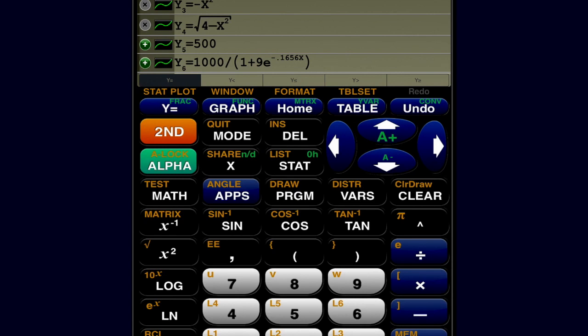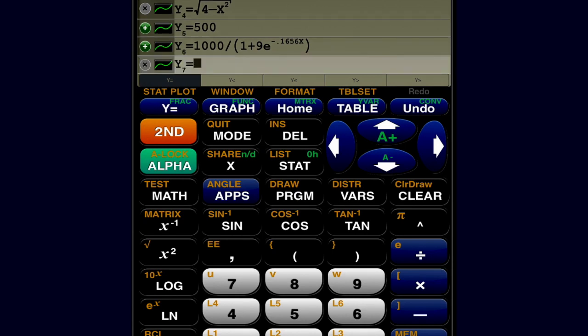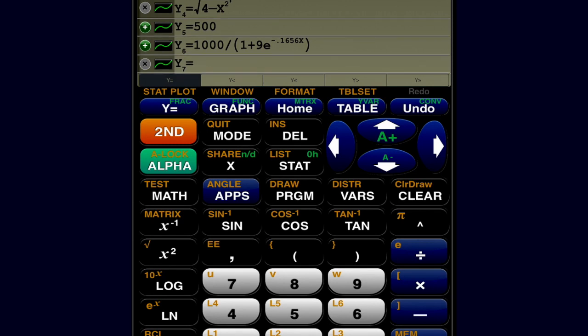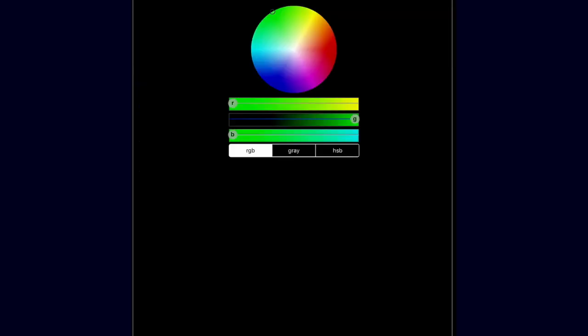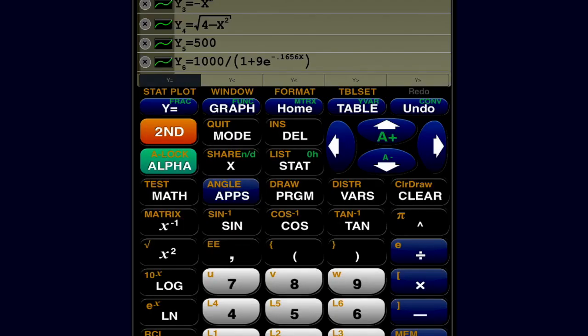So we had y equals, let's turn them off for now. We had y equals 3x squared plus 2x minus 1.